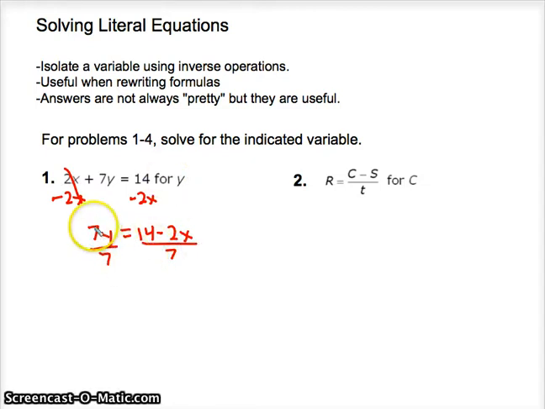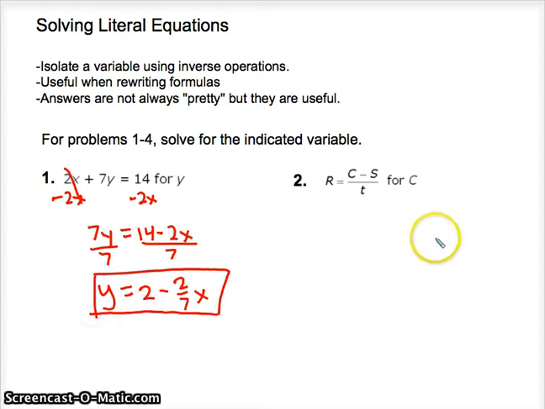Alright, I've got 7 over 7, that becomes 1, so y equals, this is perfect, that's what we want, and 14 divided by 7 is 2. And 2 divided by 7 doesn't come out evenly, so we leave it as 2/7 x. There's your final answer. Again, not pretty, but it's your final answer.